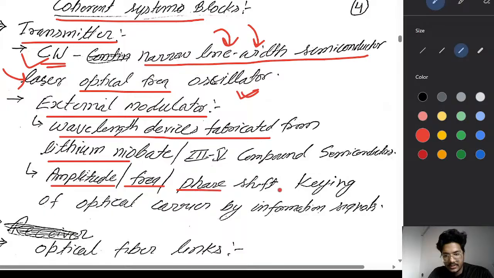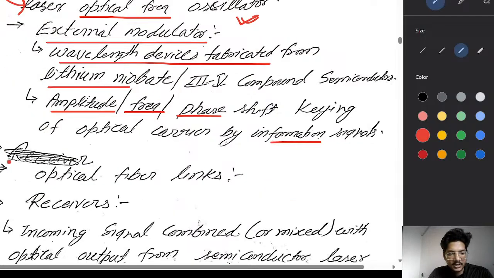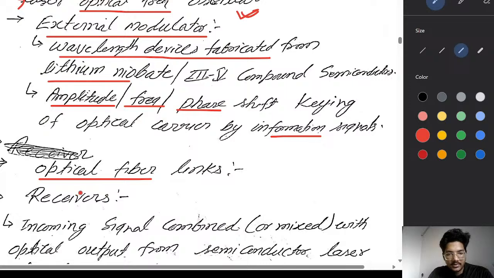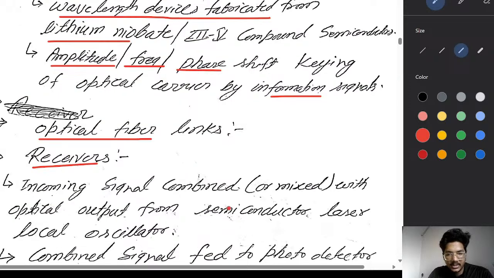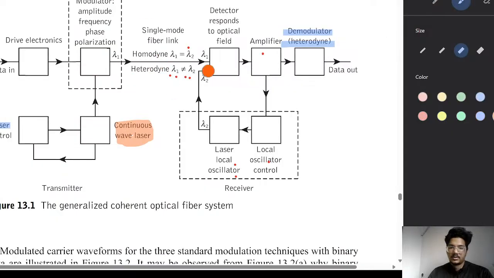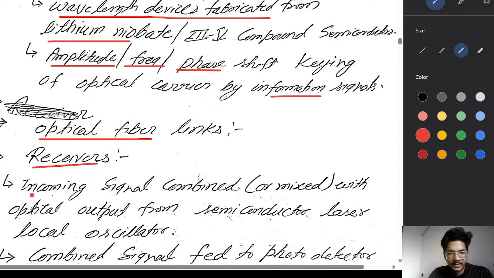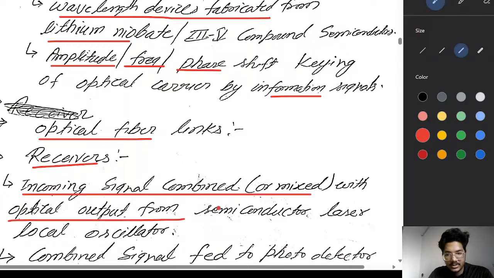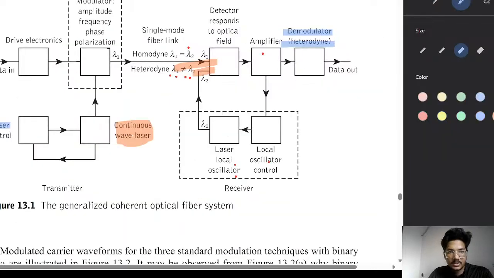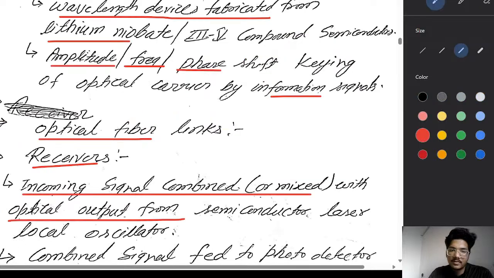Amplitude, frequency, phase shift, gain of the optical carrier by the information signal on the transmitter side. The optical fiber is linked, and on the receiver side the incoming signal is combined or mixed with the optical output from the semiconductor laser local oscillator.